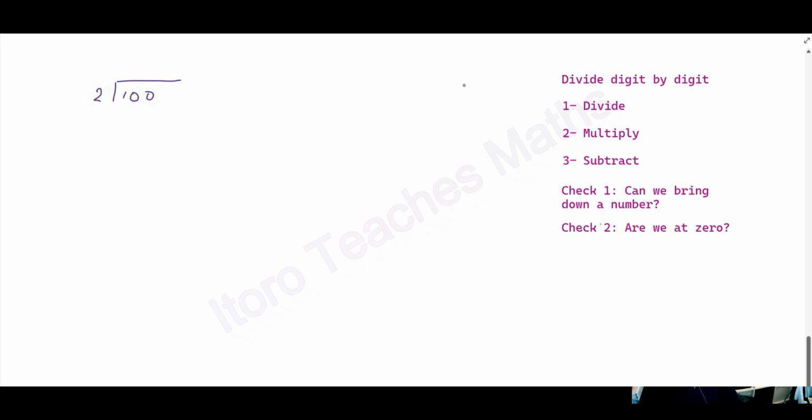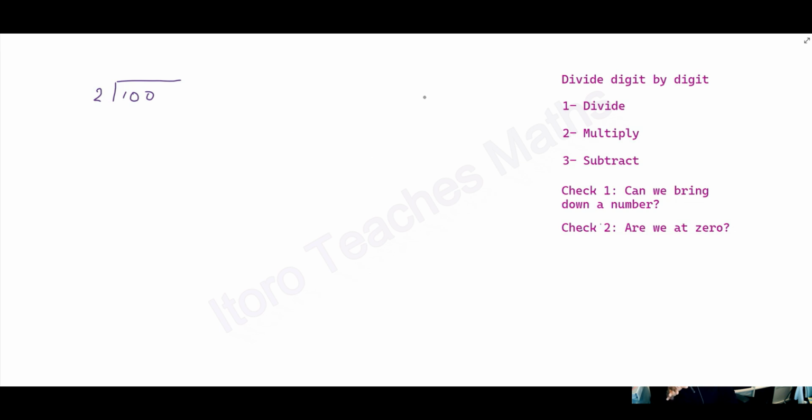Remember, previously I've always said we divide digit by digit. So we'll start with the 1, okay? So 1 divided by 2. Basically we're looking for a number in the 2 times table. If we multiply by that number, it needs to take us closest to 1, but not bigger than 1.